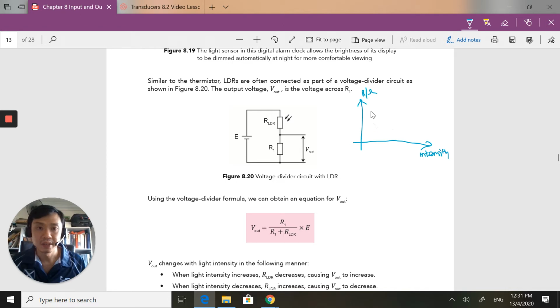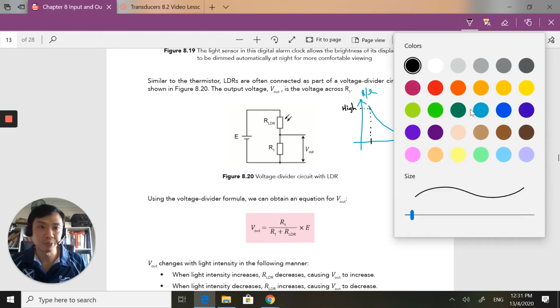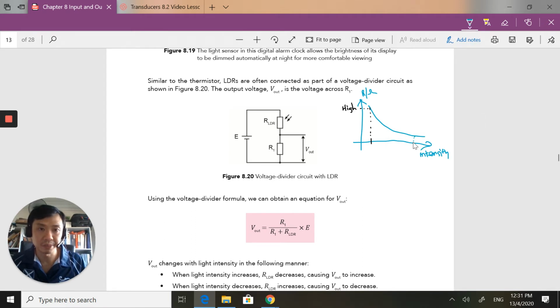It looks like this. When it is very dark, its resistance is very high. But when it is very bright, the resistance is very low.